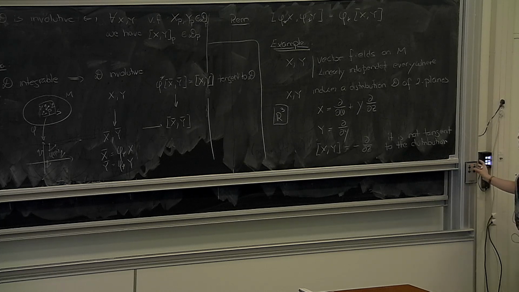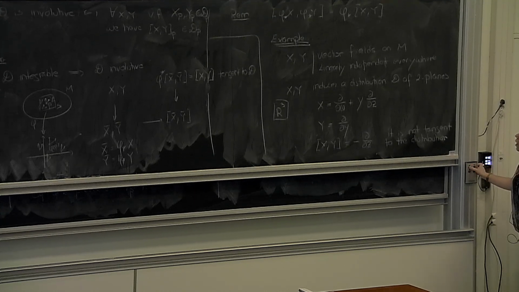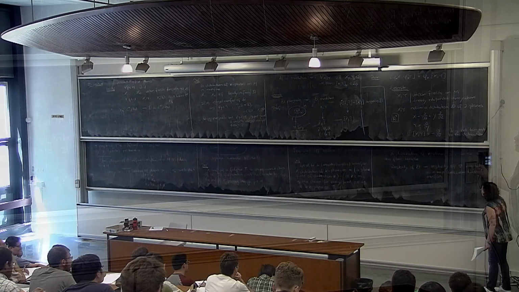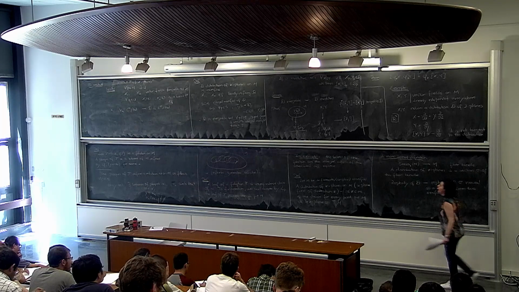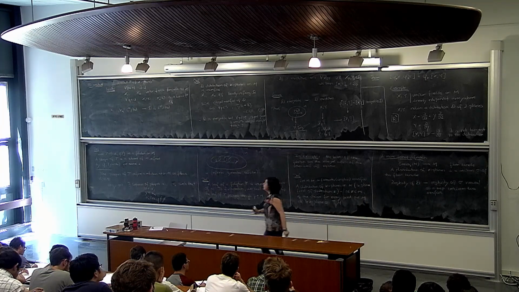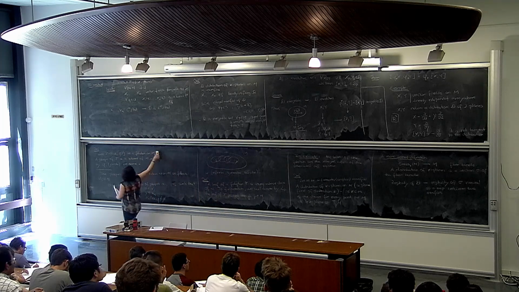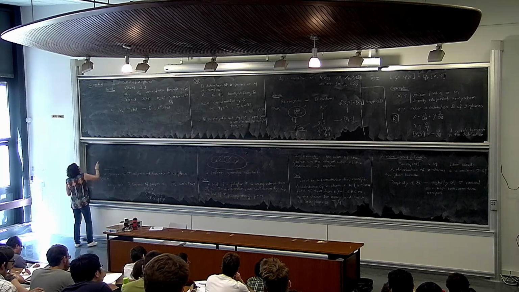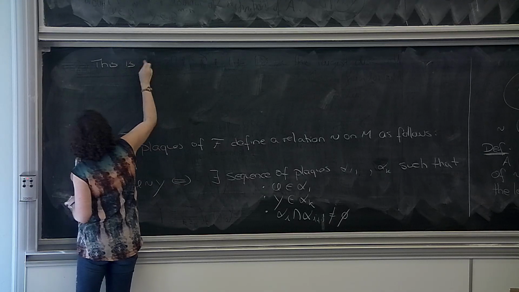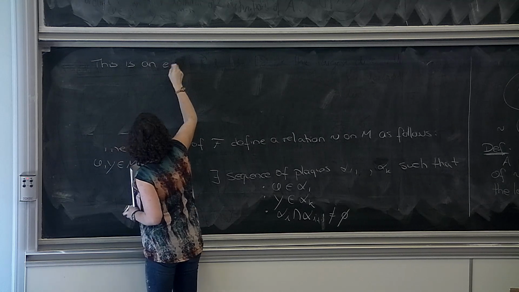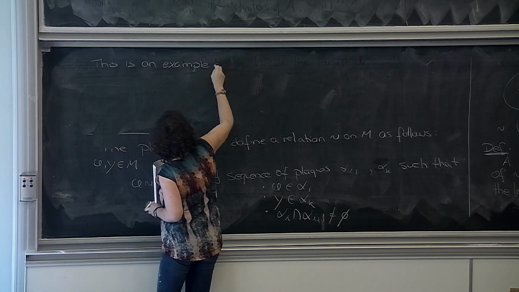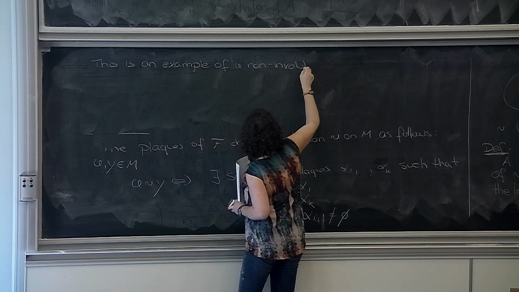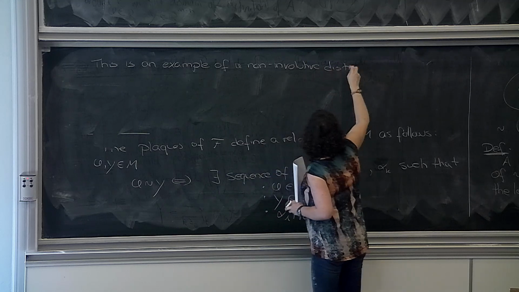Okay, so this is an example of a distribution that it is not integrable. And so this distribution cannot define a foliation. Okay, so this is an example of a non-involutive distribution.